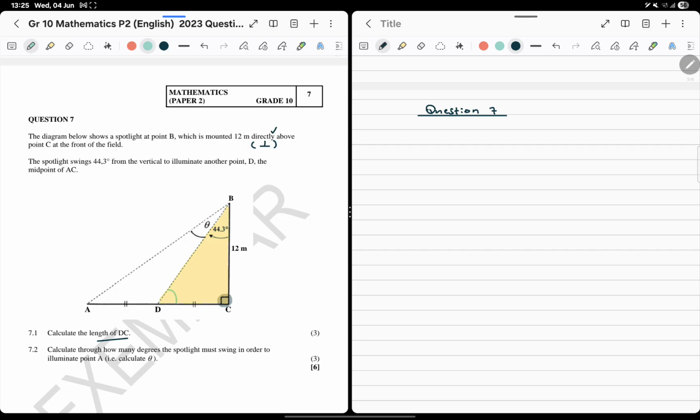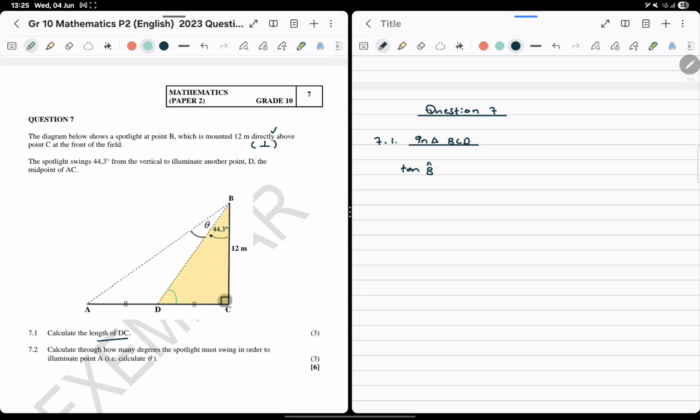So it doesn't really matter how we look at it, because at the end of the day we're going to need tan of any angle that we choose, be it that D or be it that B. So we go for the answer here, 7.1. We can say, in triangle BCD, we know that the tangent of angle B, here you don't even need to say angle DBC or CBD, because if we stated the triangle, in this particular triangle there's only one B, that's 44.3.